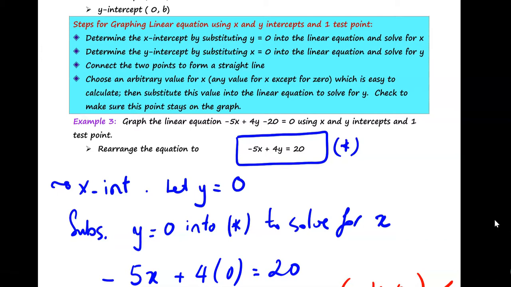If x-intercept, y has to be equal to 0; if y-intercept, then x has to be equal to 0. The magical thing about the linear equation is that if you have a set of points, x and y, and they stay true to your equation, that means they are the solution for this equation. That means they are points on your graph.